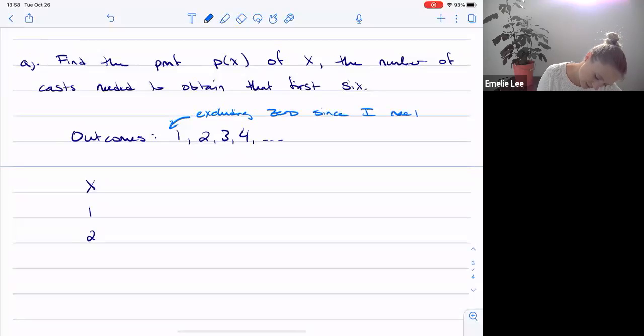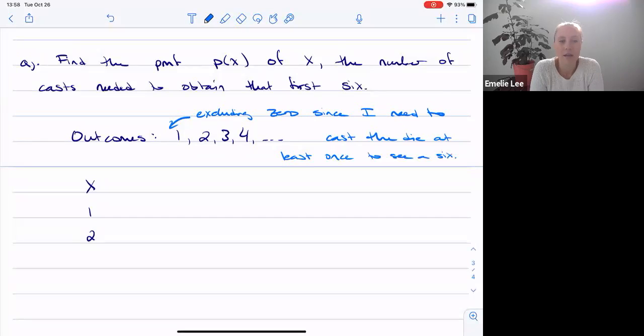since I need to cast the die at least once to see a 6. If I cast it 0 times, then there's 0 probability of me seeing a 6.